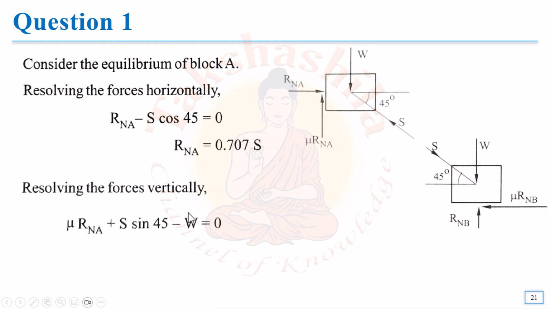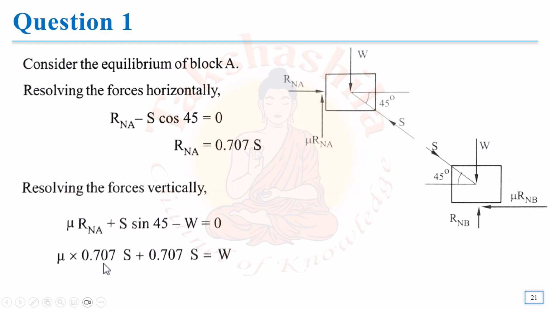So that will give us the algebraic sum of all forces in the vertical direction, and that can be equated to 0 as per the equilibrium condition. Now from this, we already know the value of RNA is equal to 0.707 times S, right? Since in this expression we have 3 variables, I am trying to reduce the number of variables by substituting for RNA.